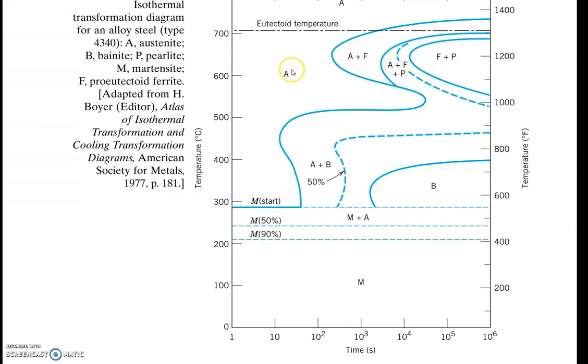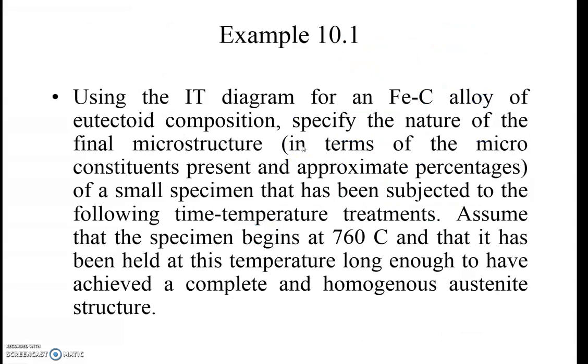So my austenite changes to that pro-eutectoid ferrite plus my pearlite, and then I have some intermediate phases here. We're not going to work with these IT diagrams. This is just here for demonstration purposes. Alright, so quick example.